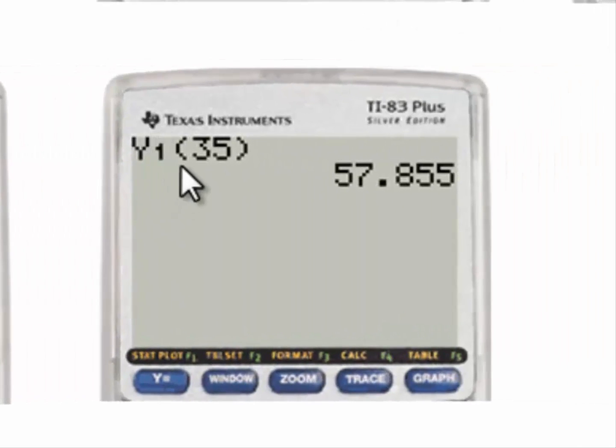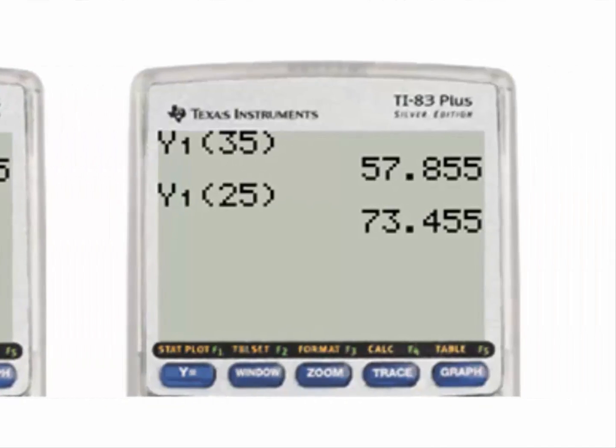And in the home screen, you type parentheses 35, close parentheses, and hit enter, and you get the corresponding output. So after 35 seconds, there's about 57.9 millimeters. For 25 seconds, we do the same thing, and this time we get about 73.5 millimeters.